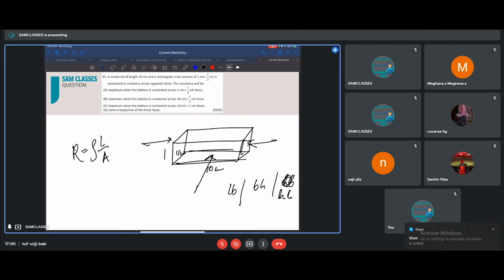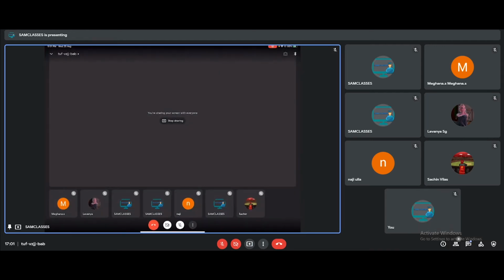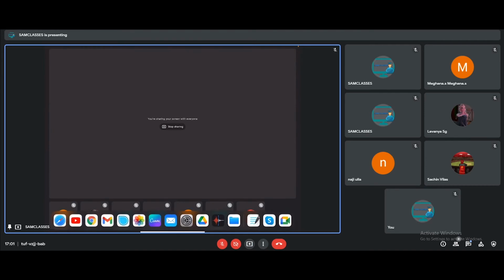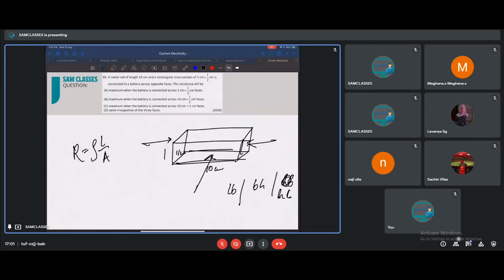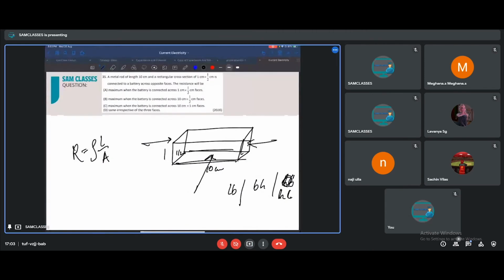Will it be A or will it be D? Now what is the answer you got? We got option A. Maximum when the battery is connected to 1 centimeter, 1.5 faces.